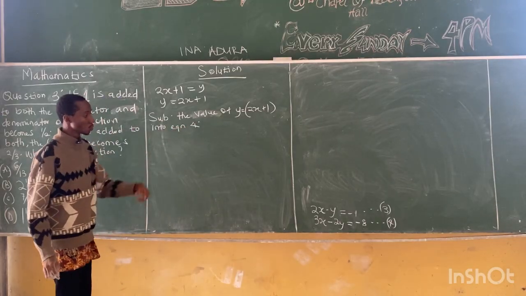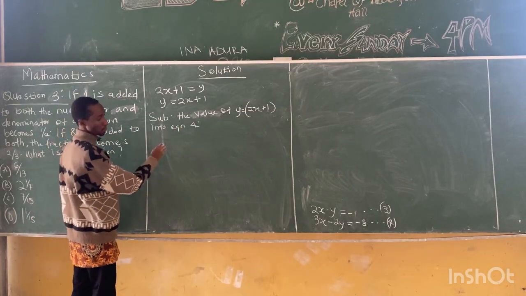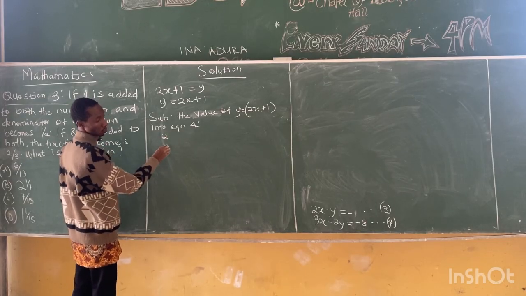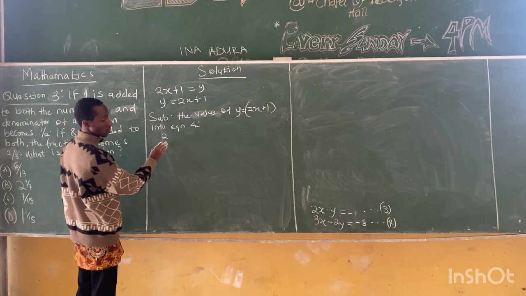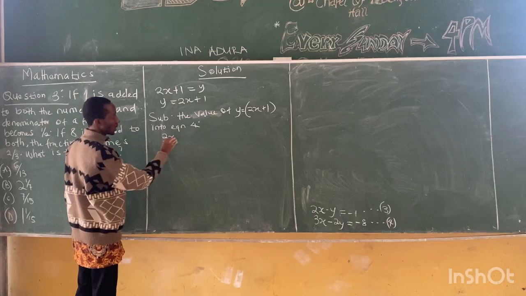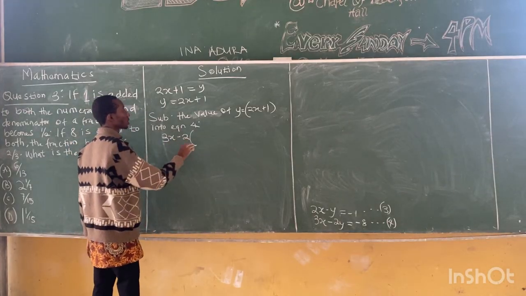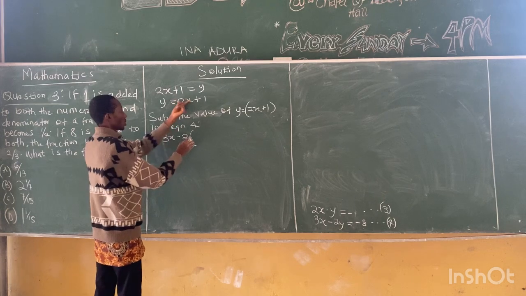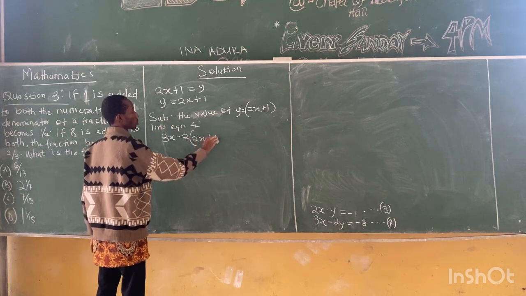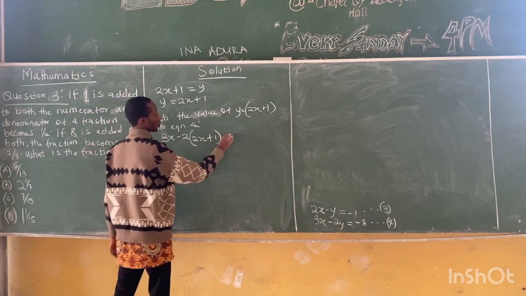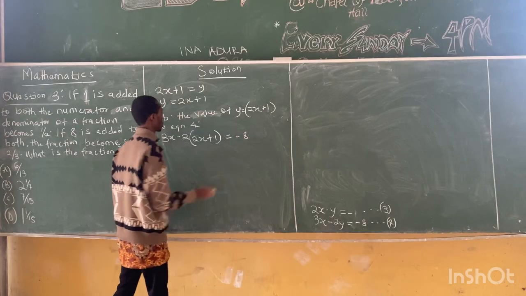So when we substitute into equation 4, we have 3x minus 2y. Instead of writing y, we replace it with 2x plus 1, equal to minus 8.